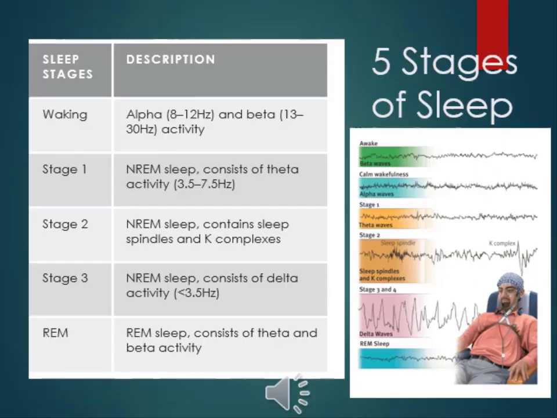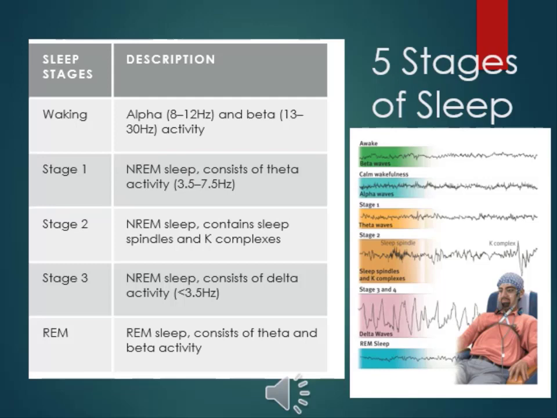So now that we have reintroduced the concept of EEG and brain waves, you can see that each stage of sleep has a corresponding level of brain activity that can be used to identify it, that is its signature waveform.